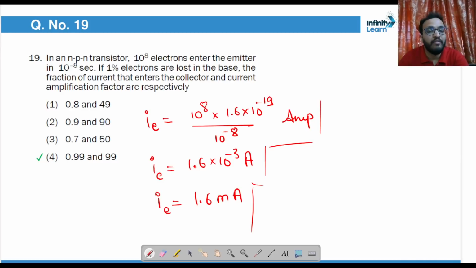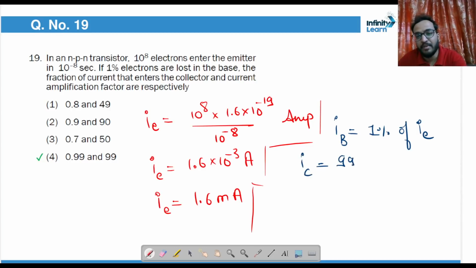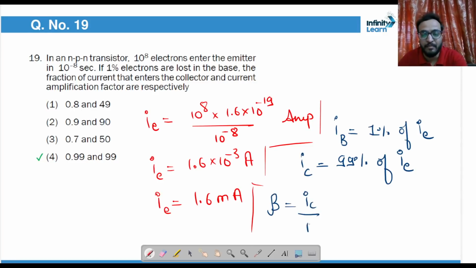Anyways, if they would have asked this thing, then we would have done that, but I've just given you an example. Now 1% of electrons are lost in base. That means base current is 1% of emitter current. So IC is the remaining 99% of IE. What they need is the fraction of the current that enters the collector and the current amplification factor. See, current amplification factor is IC by IB. That is current gain, right?